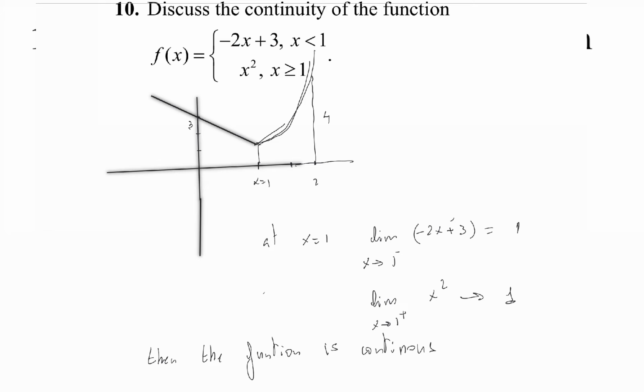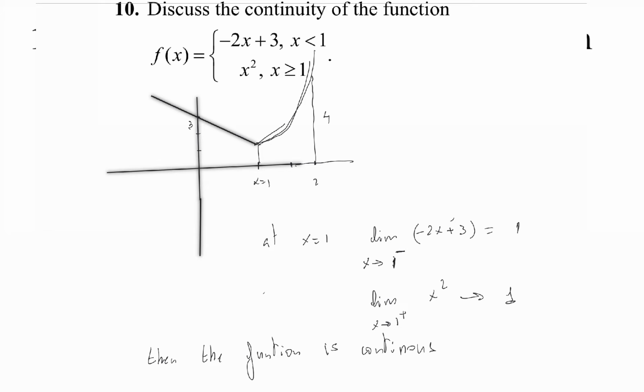So at x equals 1 two things happen. First, the limit of this function when x approaches 1 from the left: the function wants to be 1, because minus 2x multiplied by 1 is minus 2, plus 3 is 1.